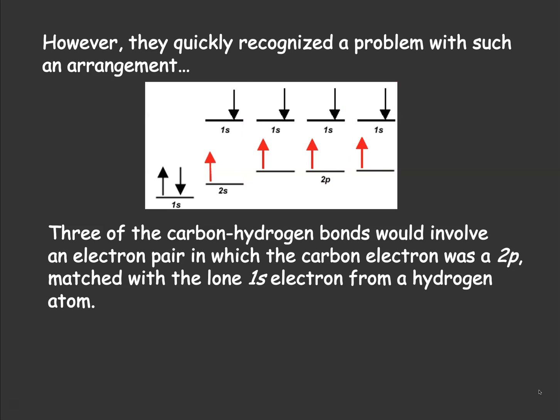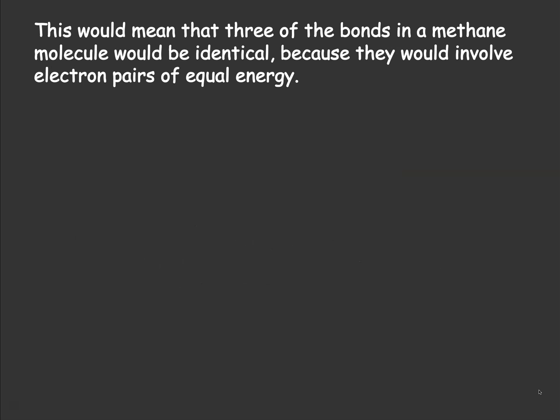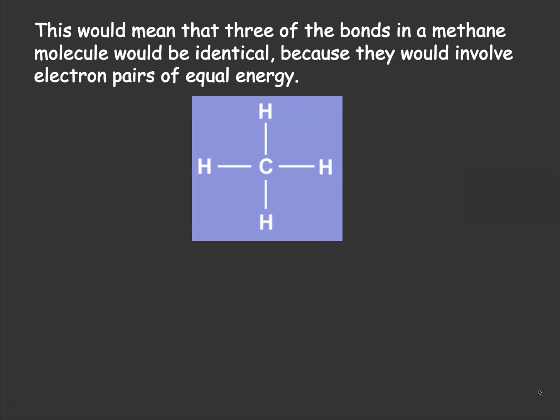And that's helpful. 3 bonds. But again, methane has 4 equal bonds. This would mean that 3 of the bonds in methane would be identical in bond length as well as bond energy, because they would involve electron pairs of equal energy, some from 2p and some from the 1s of hydrogen. So those 3 bonds, they're identical.